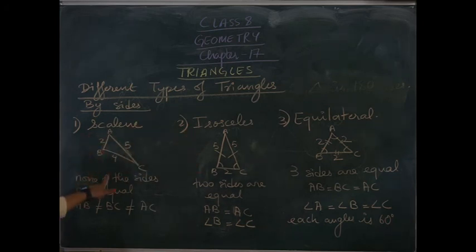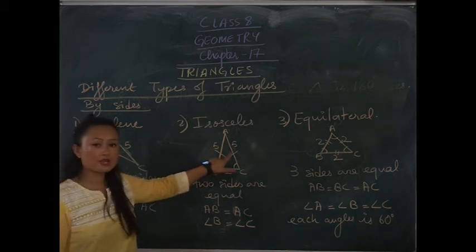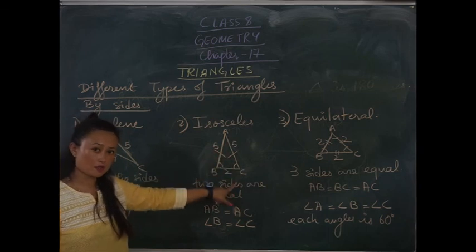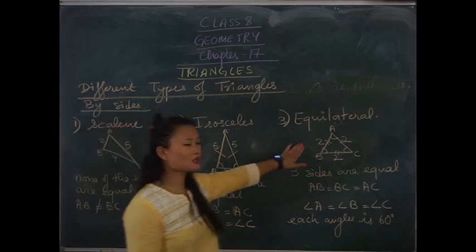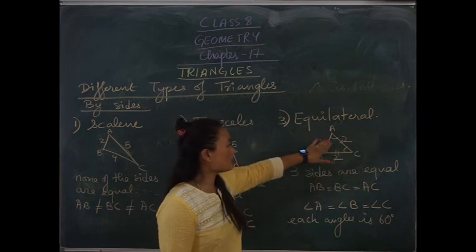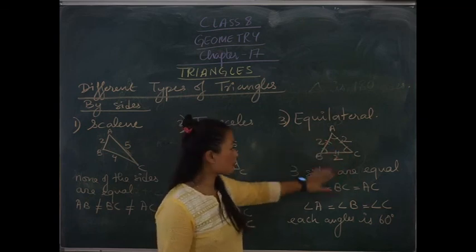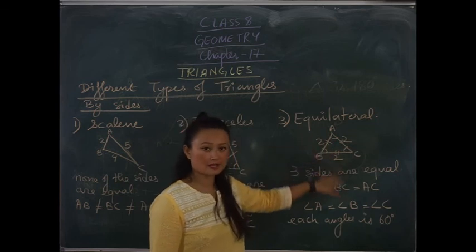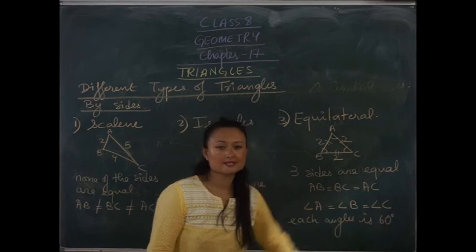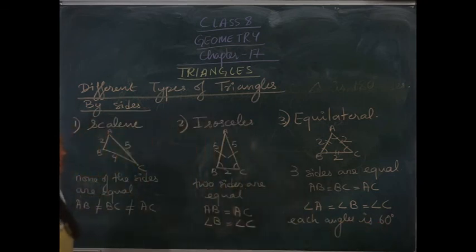Scalene, none of the sides are equal. Isosceles, two sides are equal and the angles corresponding to the equal sides will also be equal. And equilateral means all the sides are equal, all the angles of the triangle will also be equal, and each angle will be 60 degrees.